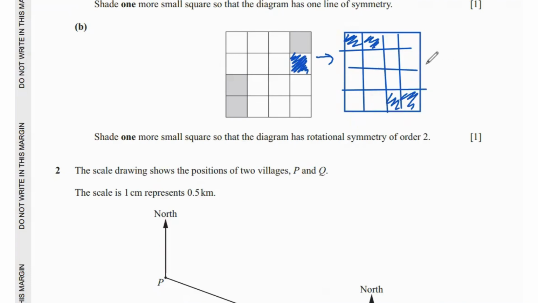And then we'll again rotate it. So the next one will be these two over here and these two over here. After two rotations, we have the shape exactly as it was originally. So we shade this square.